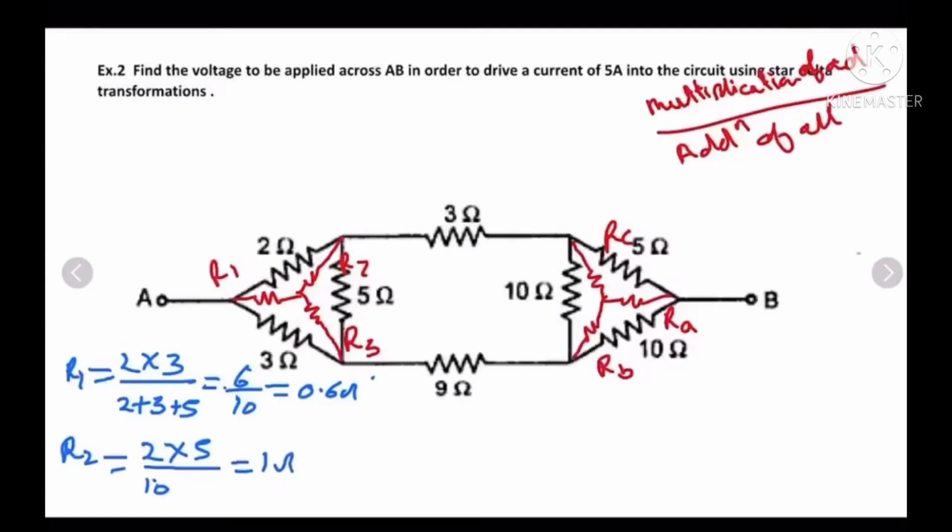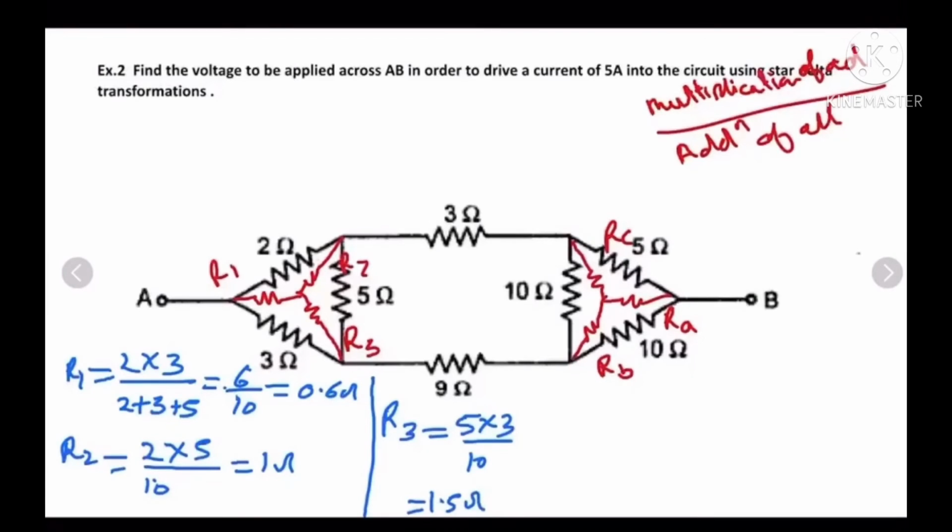Now R3. R3 is here and its adjacent elements are 5 and 3. So 5 into 3 divided by 10 is 1.5 ohm.